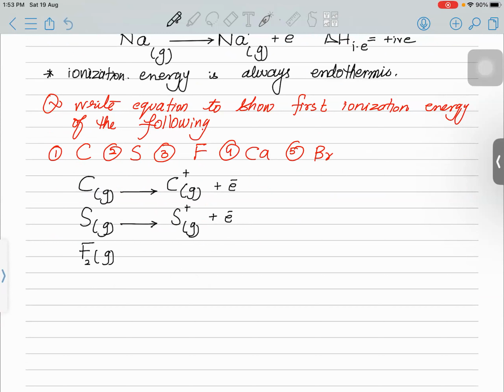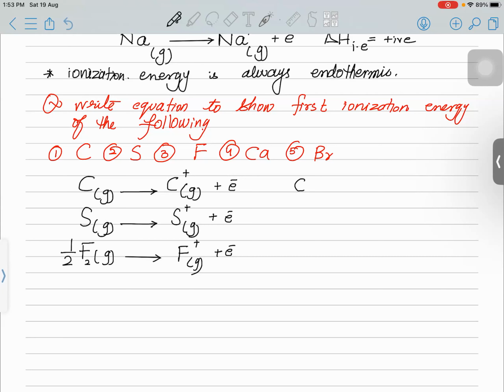You know that fluorine is a gas. So one electron is released. This is called the first ionization energy of fluorine because one electron is removed.